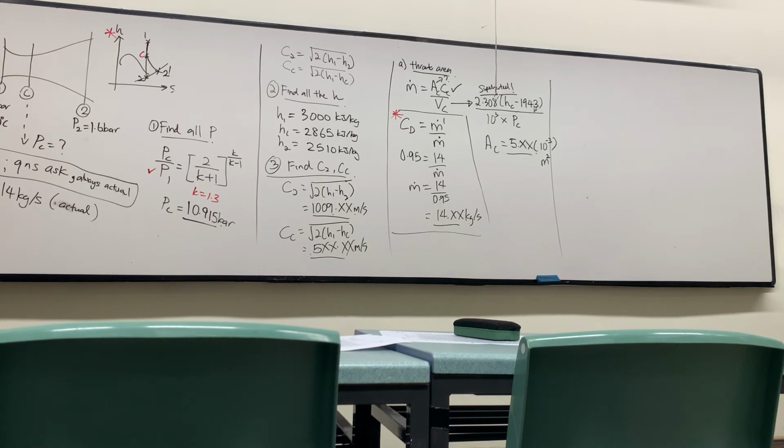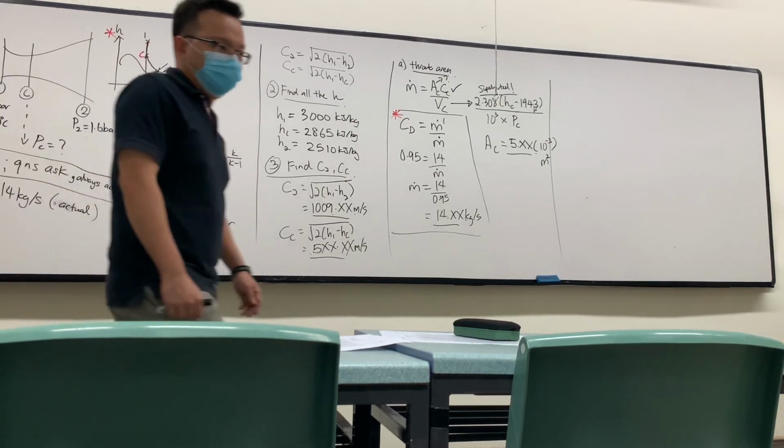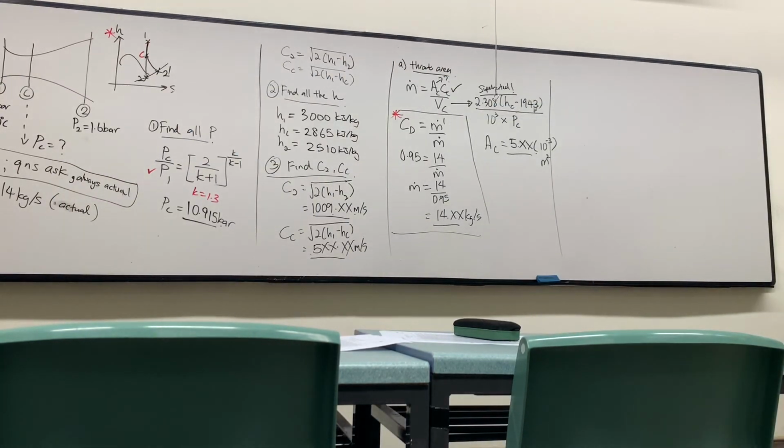Now because you use CD, so it's not the same. Just now the velocity was ideal, just now was actual. Now you want to use ideal.